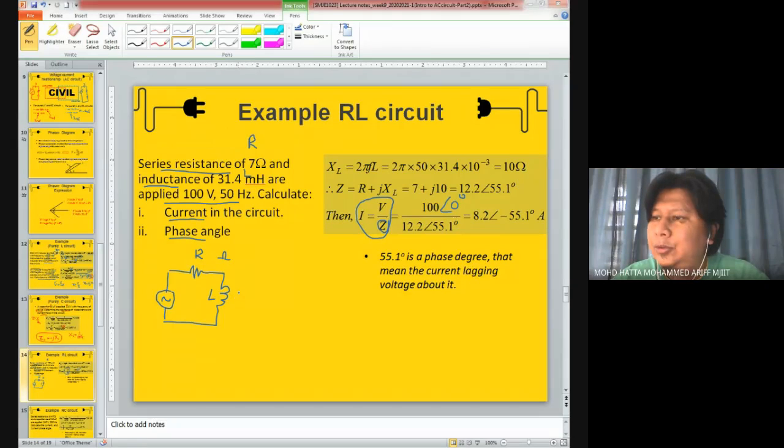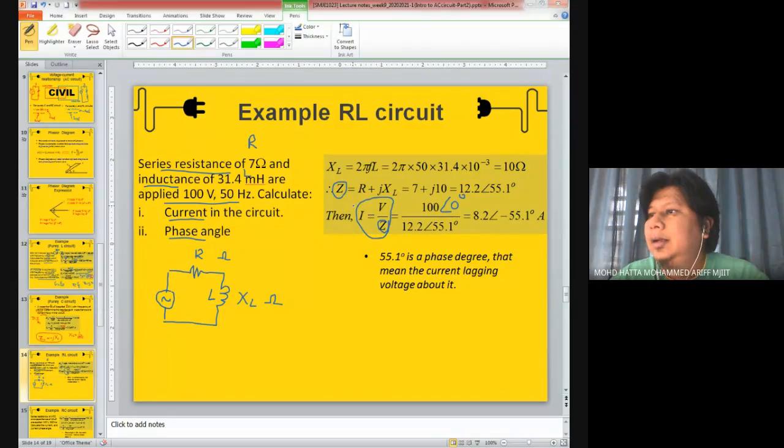What you need to do, you need to convert this one into XL value, where XL unit is ohm. So based on the conversion and combination of these two elements, it will give us the value of our Z or our impedance.